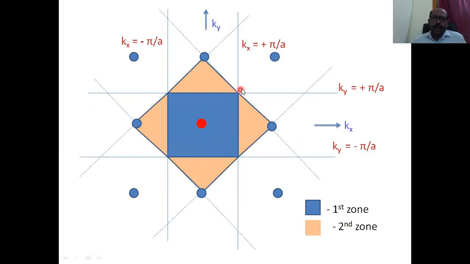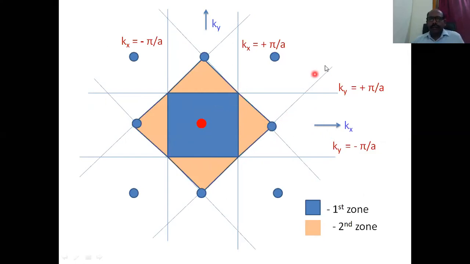Here it is written kx equal to plus pi by a, which is one vertical line, and kx equal to minus pi by a, another vertical line. Then ky equal to plus pi by a is one line, and ky equal to minus pi by a is another equation. These four lines intersect and form one geometrical shape.